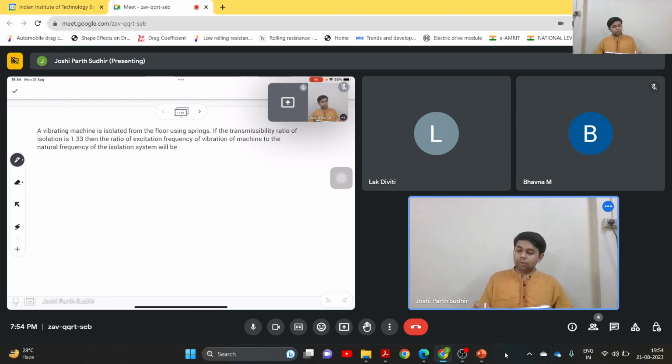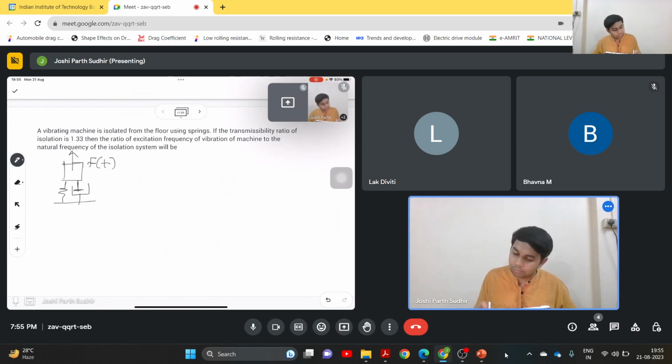So what does transmissibility mean? Let us say there is some force acting on this system, and this machine is connected to the foundation, and let us say this is the stiffness and damping of the foundation.